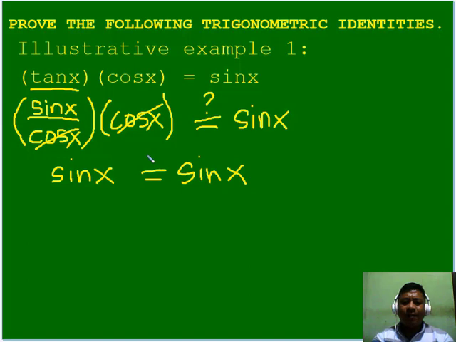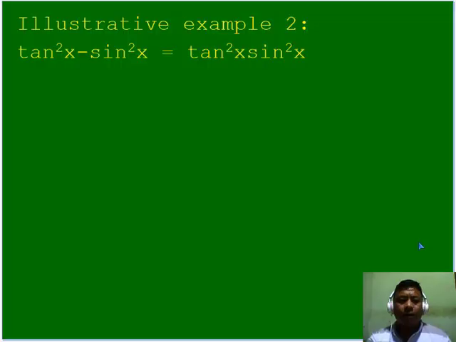So from here, we have proven that the left side of the equation is equal to the right side of the equation. So therefore, the given trigonometric equation is an identity. Consider illustrative example number 2. Tangent squared x minus sine squared x is equal to tangent squared x times sine squared x.